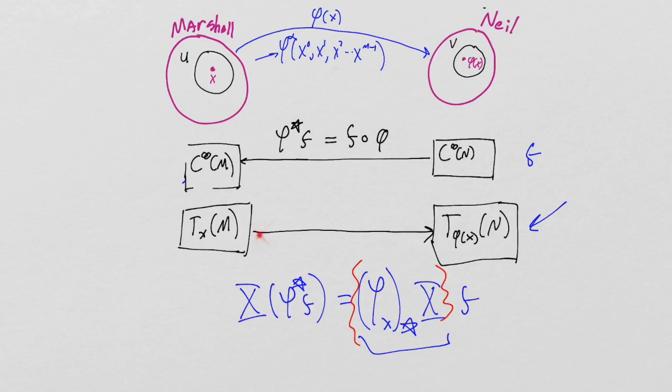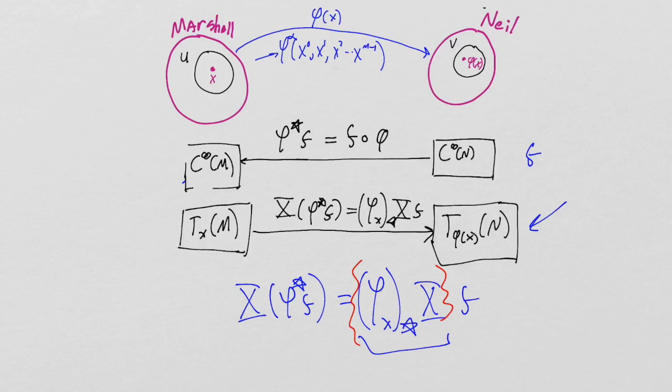So it follows the direction of the transfer function, and the definition would be: the vector x acting on the pullback of a function on Neal equals the push forward of x acting on the function on Neal, right?